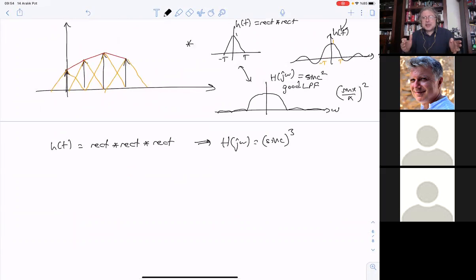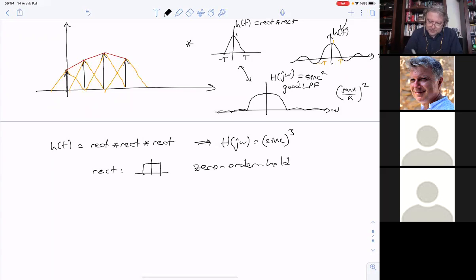A rectangle is a rectangle shape, and its corresponding digital to analog conversion will be notated as zero order hold. A rectangle convolved with a rectangle is like this, and it is linear interpolation.